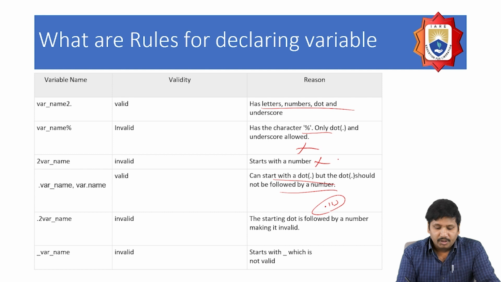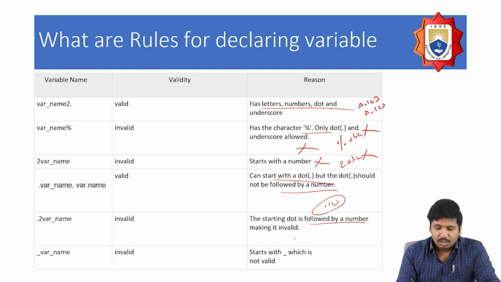And the variable should not start with a number, and it should not start with a percentage sign. It should start with either letters, or a dot not followed by a number, or letters with an underscore.